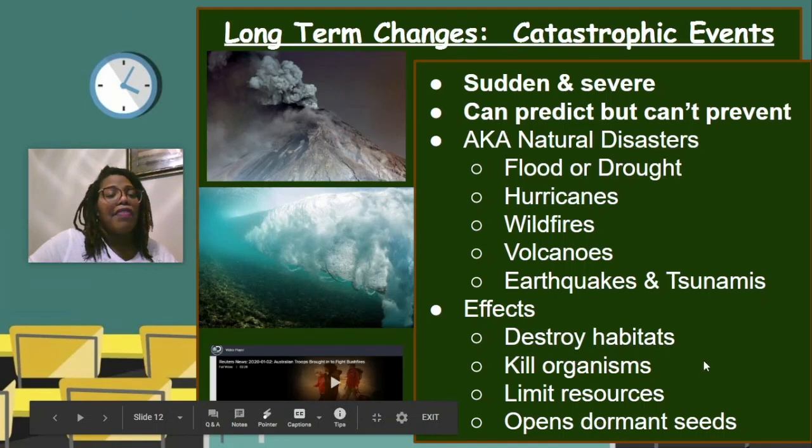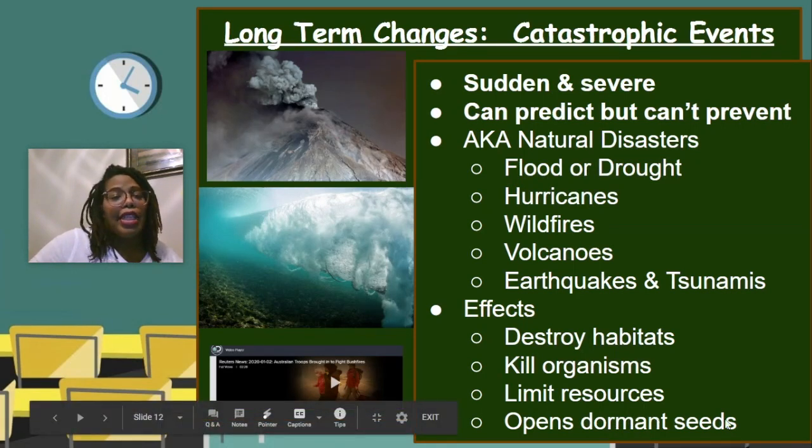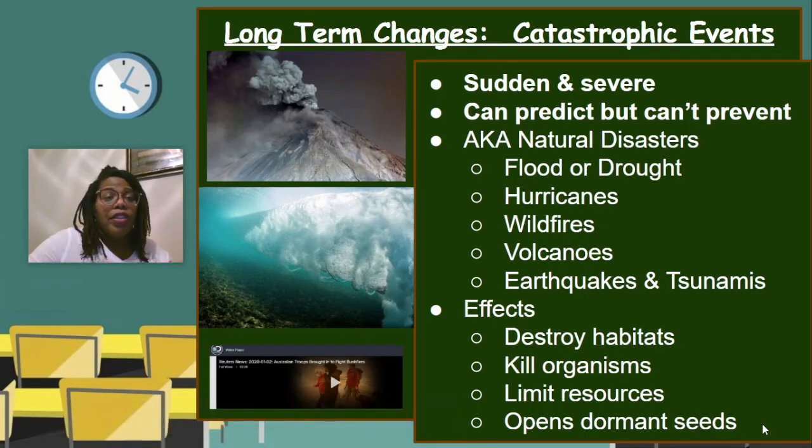But they also can have some positive effects. So, for example, if it's a really hot forest fire, it can get rid of the underbrush on the bottom of the forest to make it clean so new trees can grow. It can also open dormant seeds. There are some conifers that the only way their seeds open up is under severe temperatures. So these forest fires could actually help to open up these seeds and plant more trees. And also, if you think about a volcano, when they erupt, they're actually helping to create new rock, which will eventually form new land.